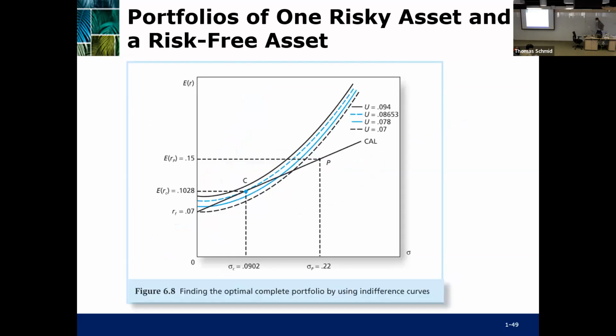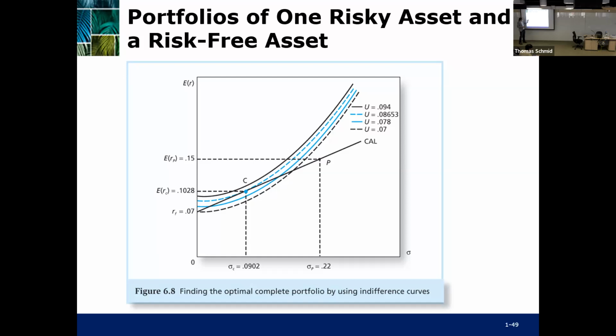So this is the more precise illustration for the numbers that we use in this example. These are four different indifference curves, and the higher we go, the higher the utility is. As I used it in my illustration, the straight black line would have the highest utility, but unfortunately the straight black line is not possible because it never touches the capital allocation line.